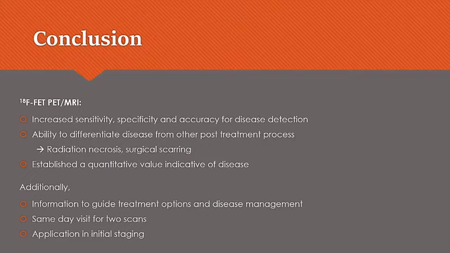In conclusion, 18F FET in conjunction with PET MRI has shown improved sensitivity, specificity, and accuracy in the detection of residual tumour and when differentiating between surgical scarring, radiation necrosis, and tumour recurrence.